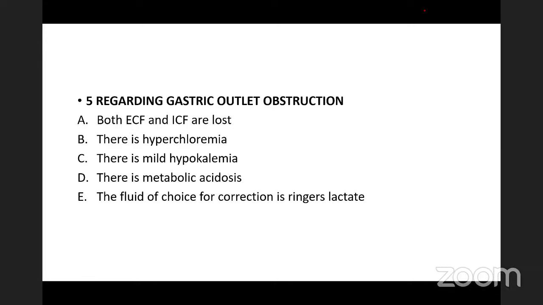Why is that so? Because they already have alkalosis. Ringer's lactate has lactate that is converted to bicarbonate in the liver, and that bicarbonate will further worsen the alkalosis.